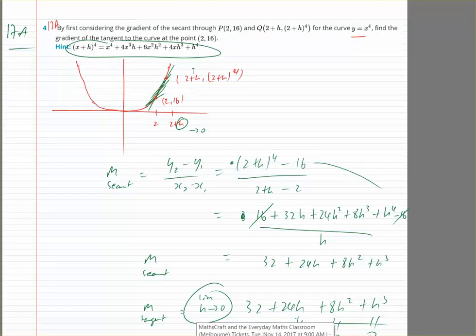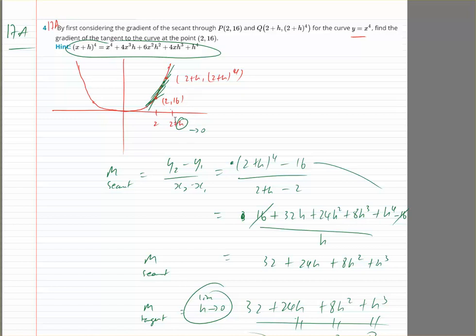So the key idea is we're trying to find the gradient of the secant between these 2 points. One point we know is (2, 16). Another point is theoretical. We're creating a point that's 2 plus another value, and it's to the right of the point of interest.